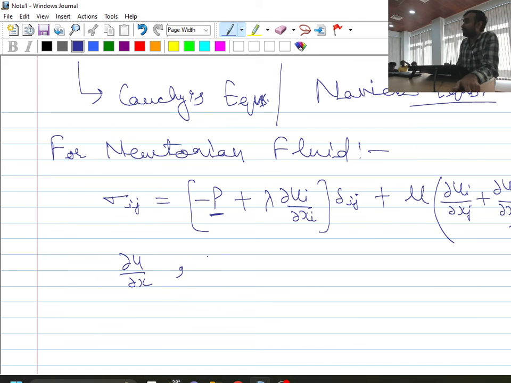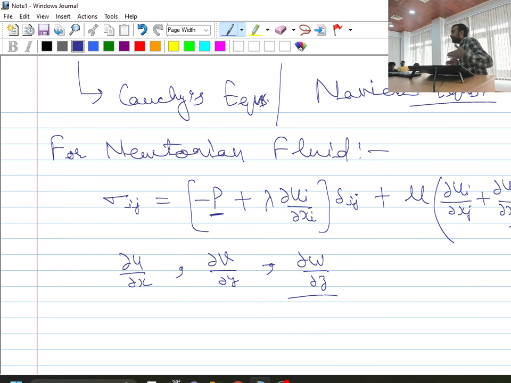Rate of linear deformation in y direction was del v by del y, and rate of linear deformation in z direction was del w by del z. So I am having rate of strain, not rate of deformation, I have to say over here.